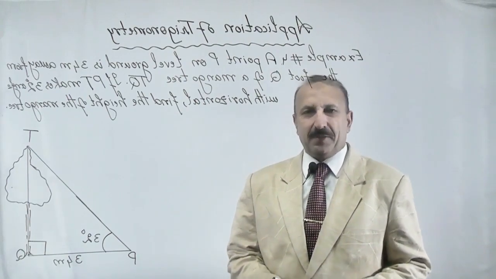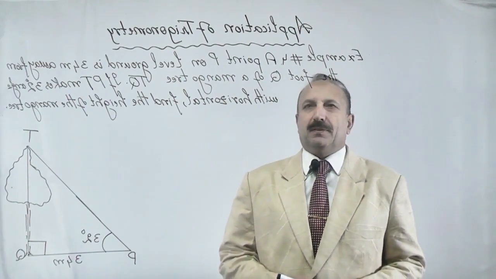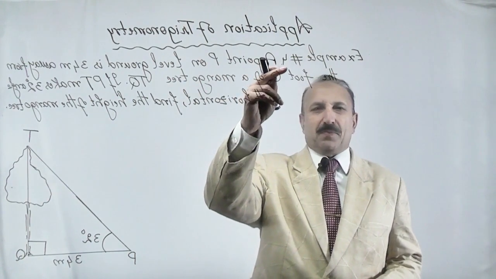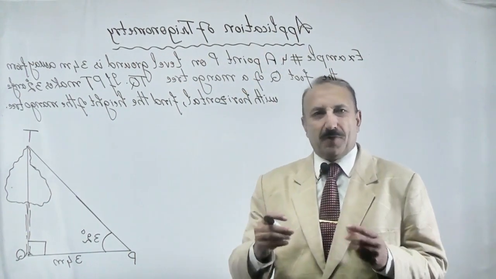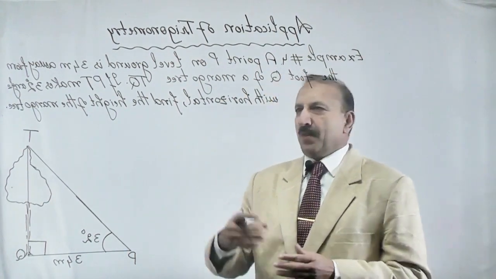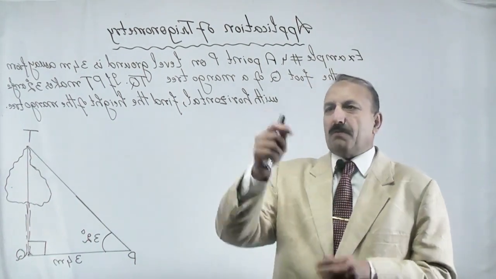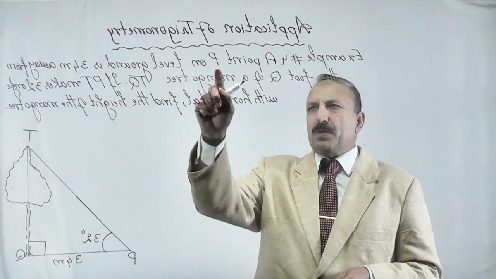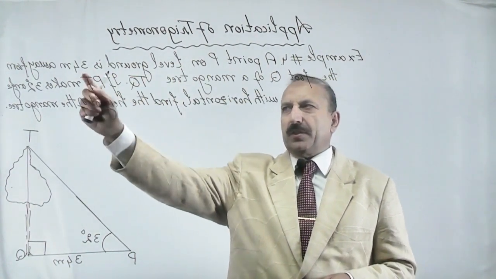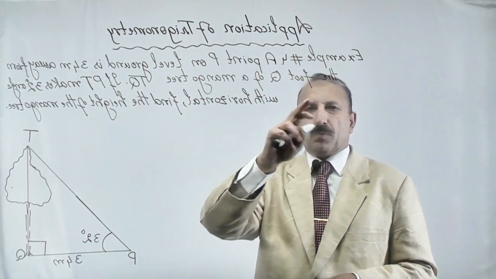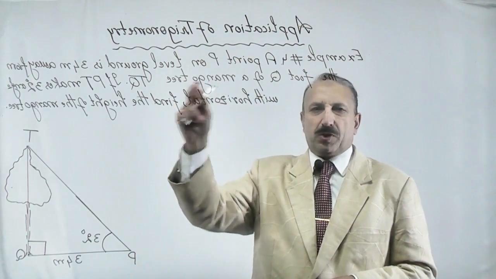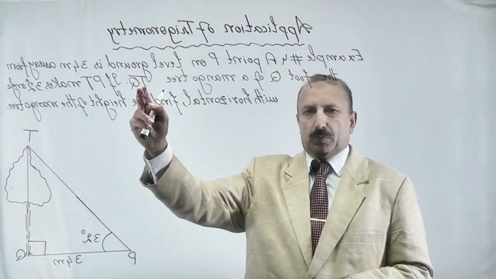Alright, my dear students, let's have example number 4 in the area of application of trigonometric ratios. We have this application in the form of a word problem where a point P on level ground is 34 meters away from the foot Q of a mango tree TQ.